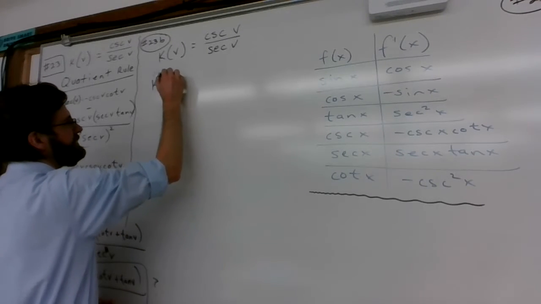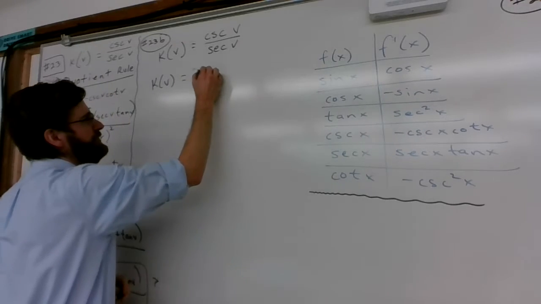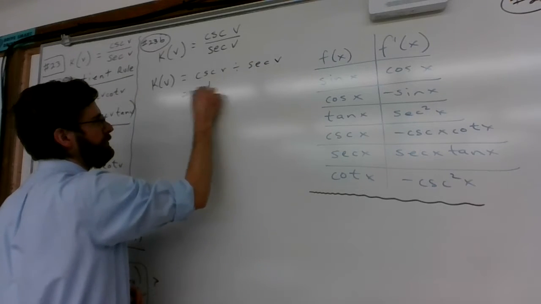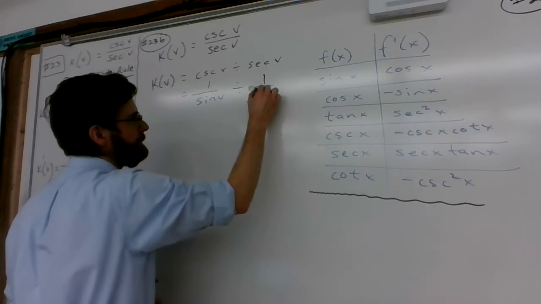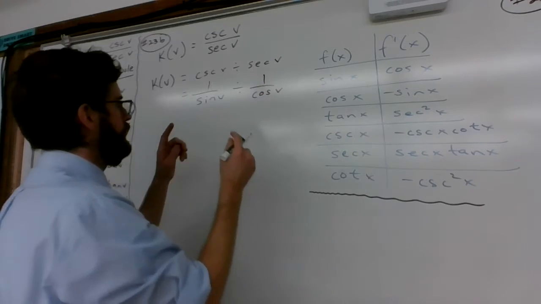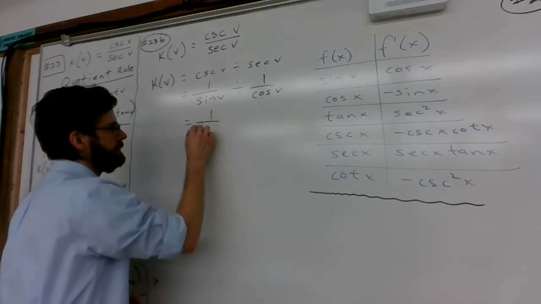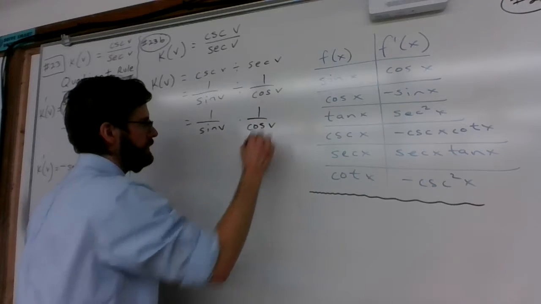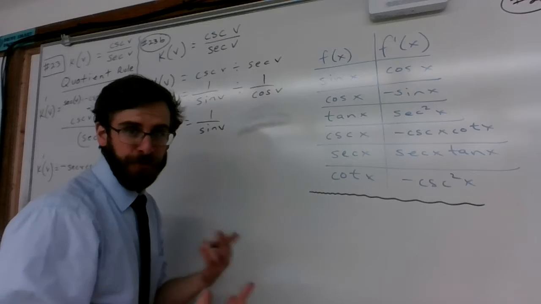So K of V is the same as, you know what, I'm going to rewrite this horizontally. Cosecant of V divided by secant of V. So that's 1 over sine divided by 1 over cosine. Keep, change, flip. Flip the second and multiply. Now reminding you, we have not actually taken a derivative of anything yet.